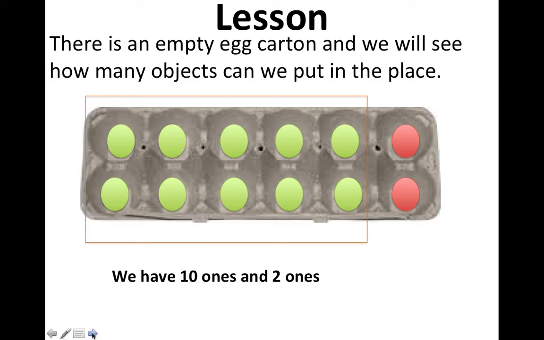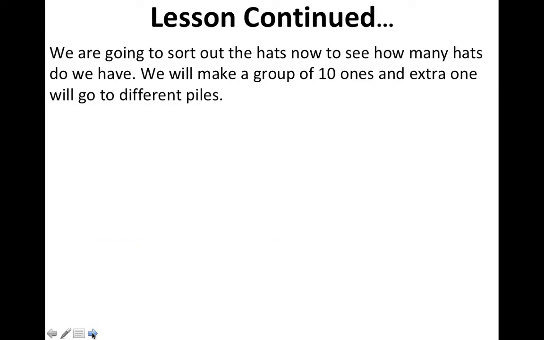So now let's continue, and we are going to sort out some hats to see how many hats we have. We're going to make a group of 10 ones and extra ones to go in different piles.